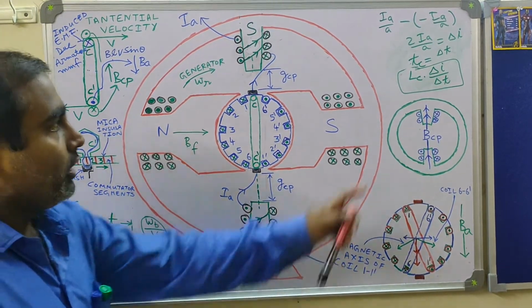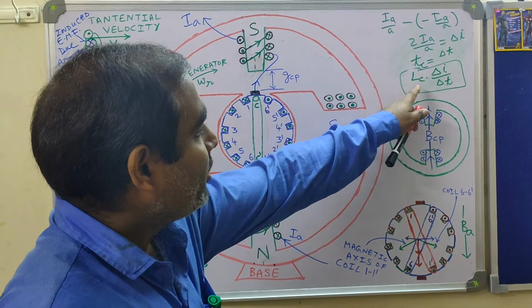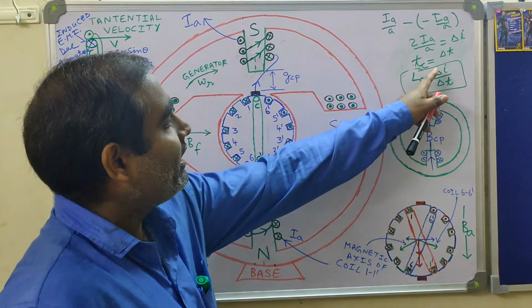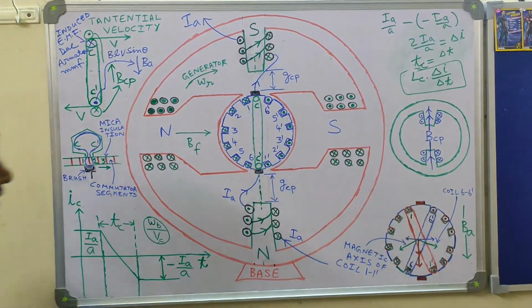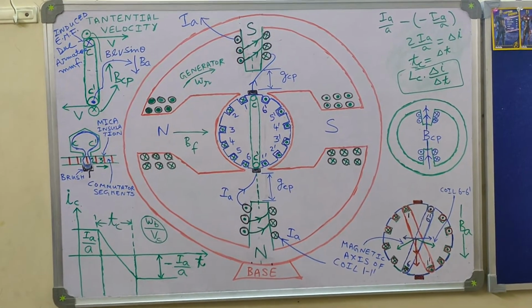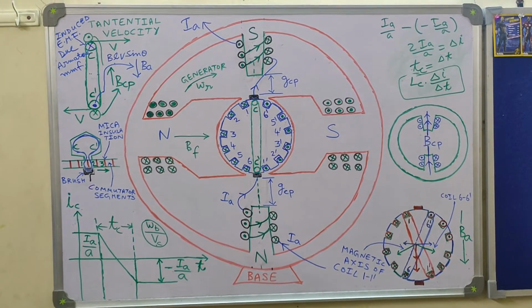However, the reactance voltage induced in the commutated coil, given by LC into delta I by delta T, is definitely going to decelerate or retard the reversal of coil current.